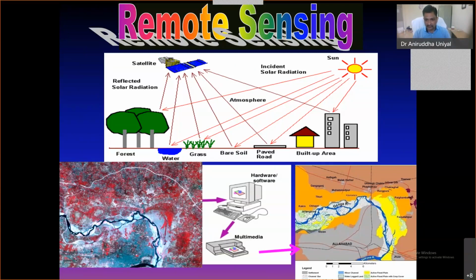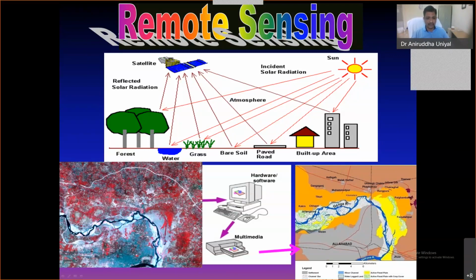So this is one of the biggest advantages, and active remote sensing or radar sensing can be used to see even during night time. This is one example on the screen of how remote sensing is being utilized for mapping rivers. This is passive remote sensing, wherein the surface features of Earth are illuminated with sunlight, and some of the light is absorbed by the feature, some part of it is reflected back to the sensor of the satellite.